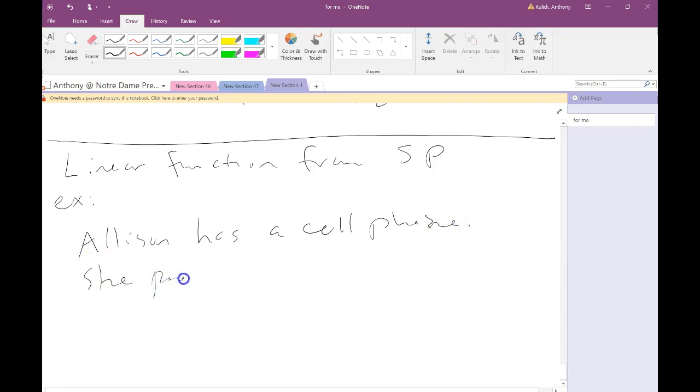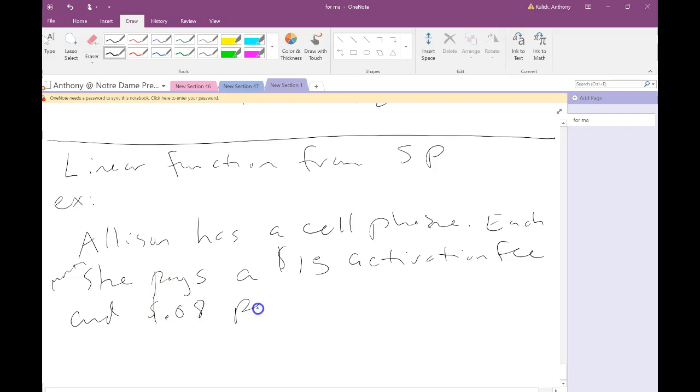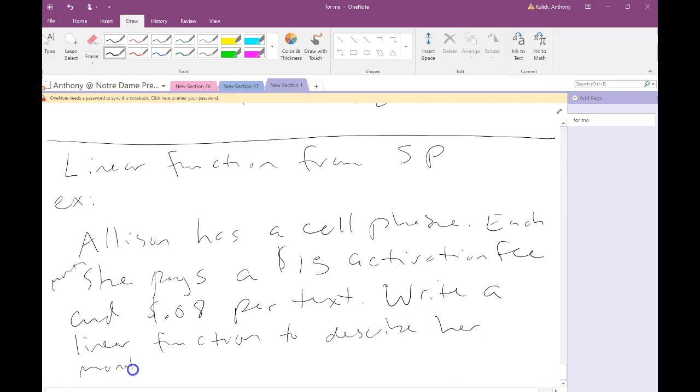Maybe we should say each month, she pays a $15 activation fee and 8 cents per text. Write a linear function to describe her monthly bill.